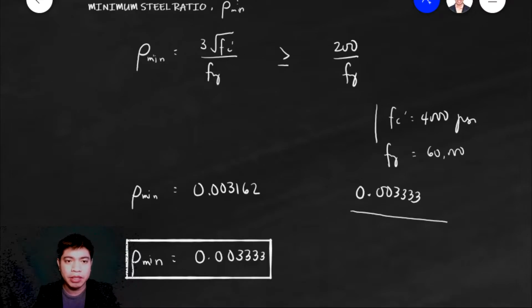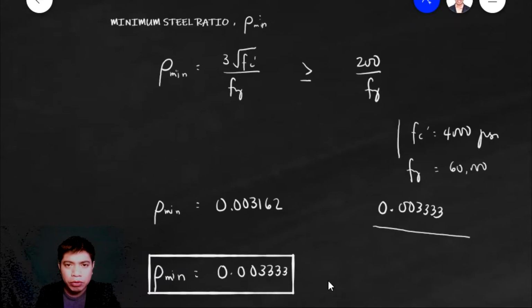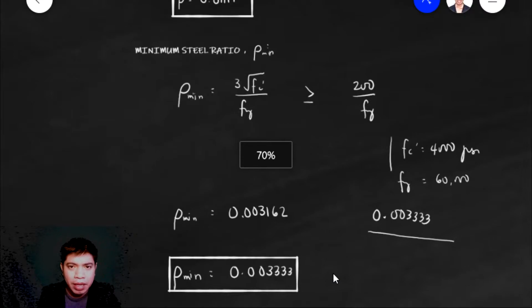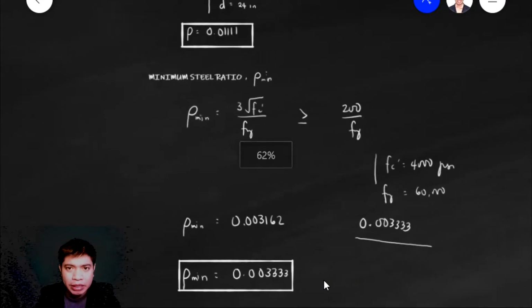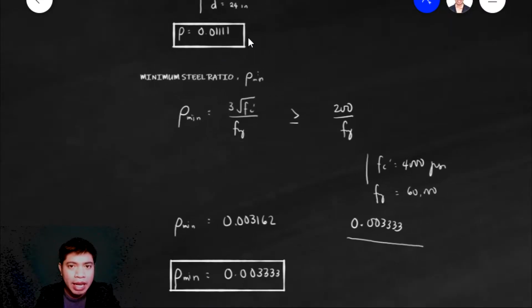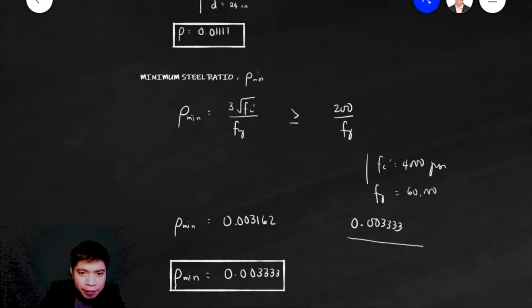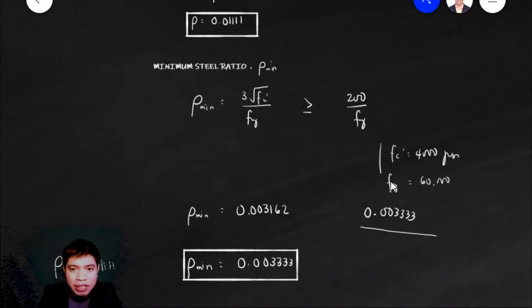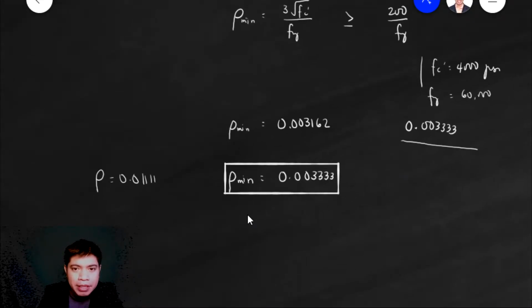Ngayon guys, bago tayo magpatuloy sa pag-compute ng raw maximum, i-compare muna natin yung ating raw dun sa raw minimum. Kasi kailangan itong raw natin must be greater than the minimum. Ito yung dapat na pinakamaliit na value ng raw. Yung raw natin, which is equals to 0.01111, must be greater than the raw minimum.